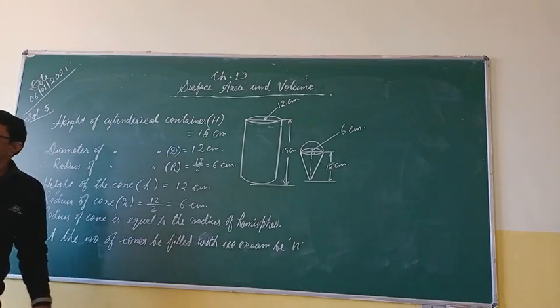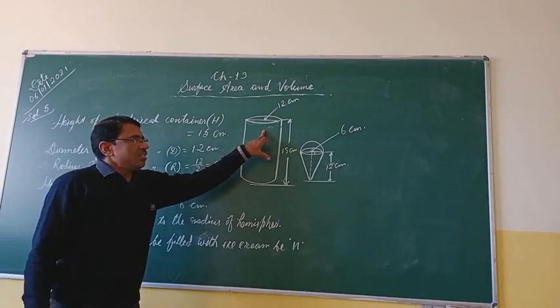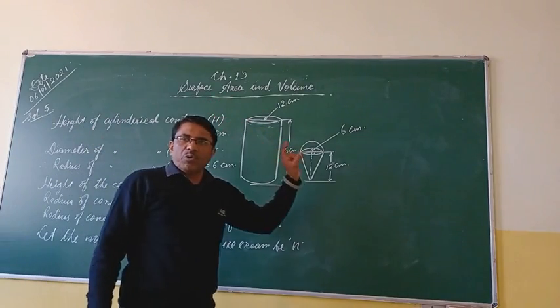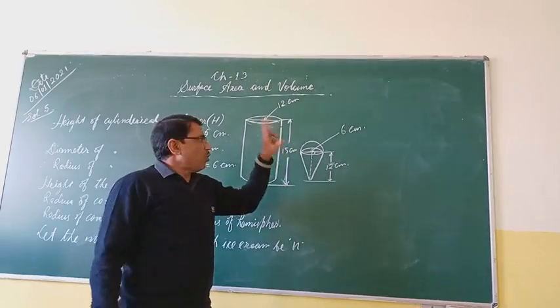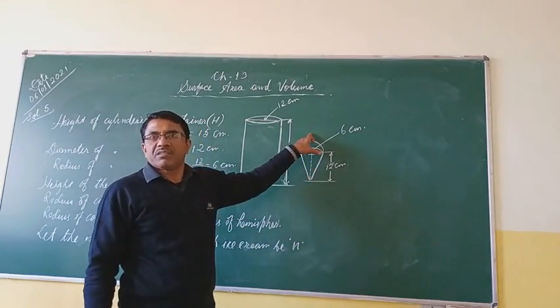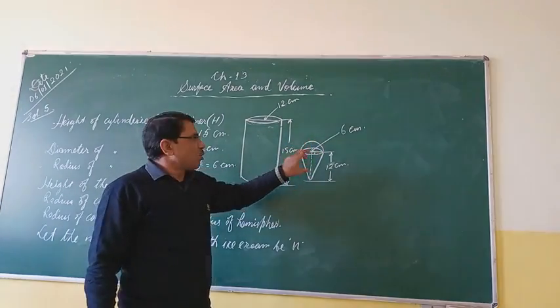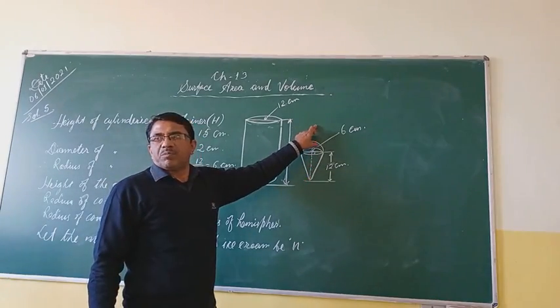According to question, volume of container is equal to number of cones into volume of one cone plus volume of hemisphere, because it is joined cone shape and hemispherical shape.